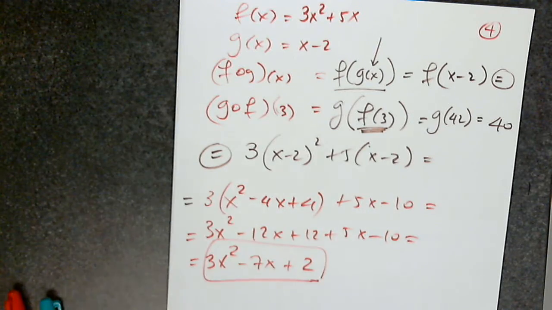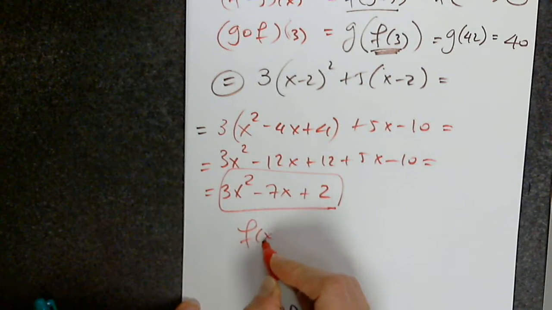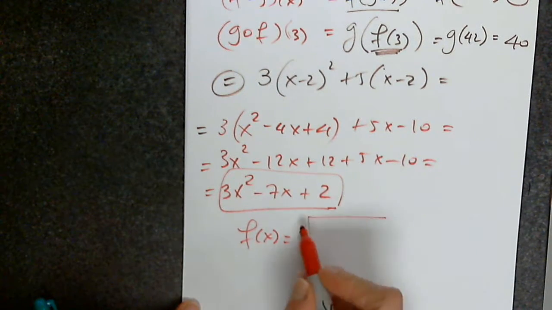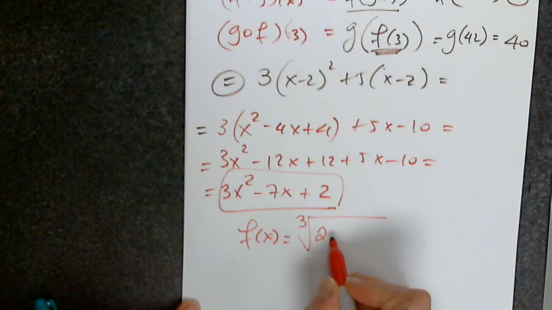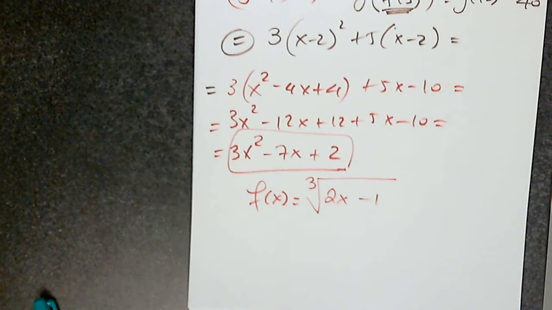Let's look at finding the inverse of a function. Let's say f of x equals the cube root of 2x minus 1. We are told this is a one-to-one function. Find its inverse. How do I do that?